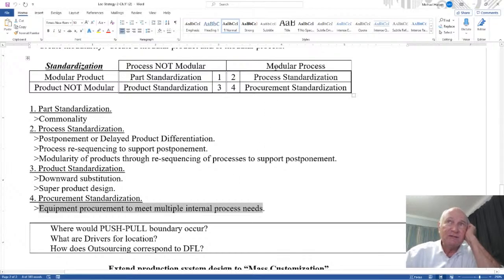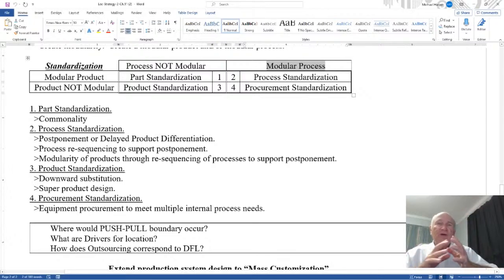Well, since the process is modular, then you can have different equipment to satisfy all different types of internal needs. So you have a modular process to satisfy different non-modular products. That's called procurement standardization, to procure equipment that will have that modular capability to satisfy different non-modular products.